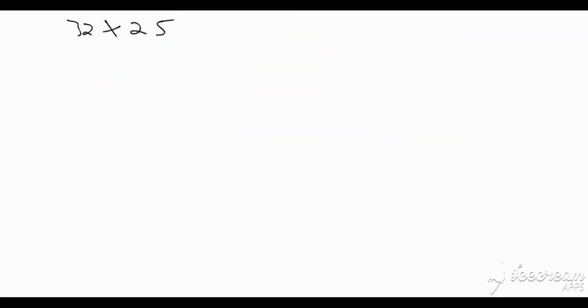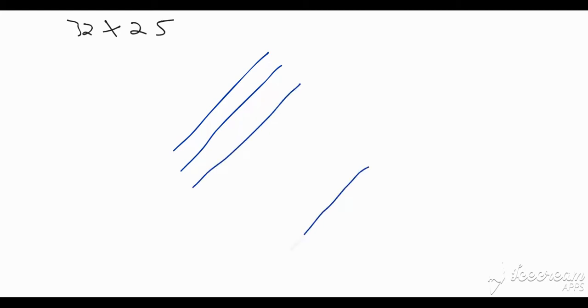Let us look at a second example, 32 multiplied by 25. So for 32, we're going to have three lines. 1, 2, 3. We're going to skip a space and we're going to have two lines. So 1, 2. Now for 25, we're going to go the opposite direction.